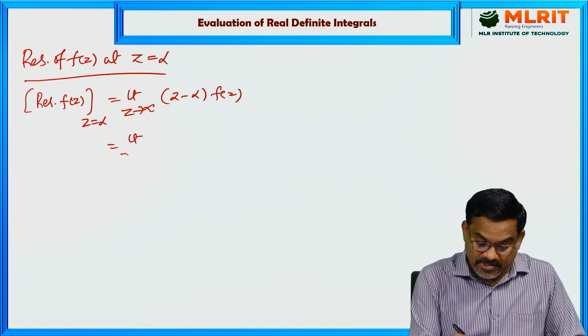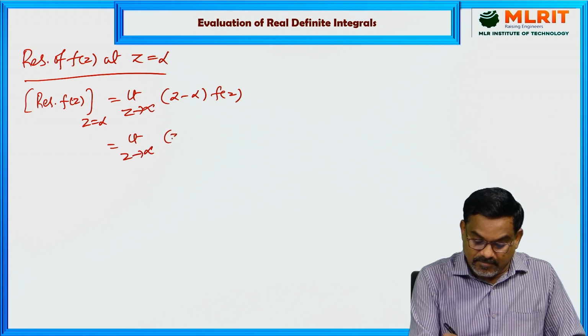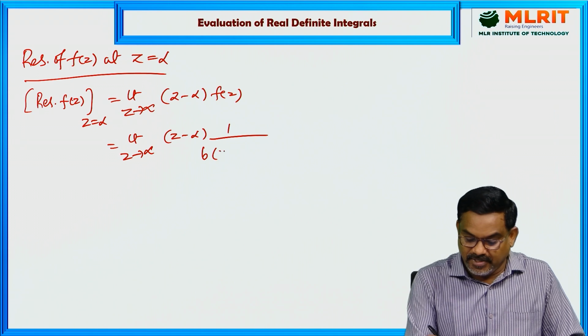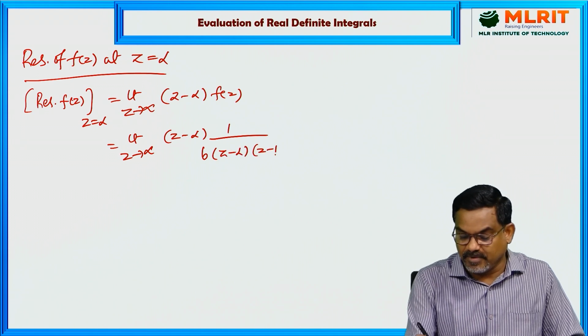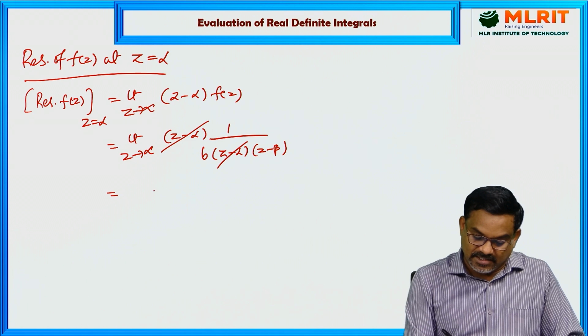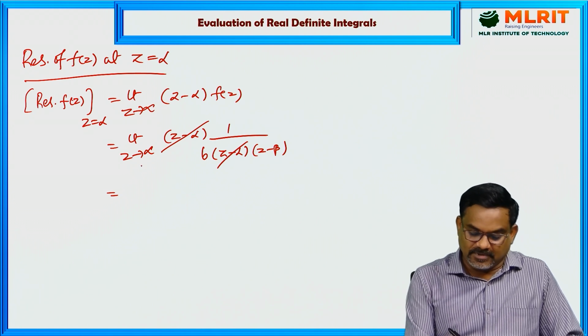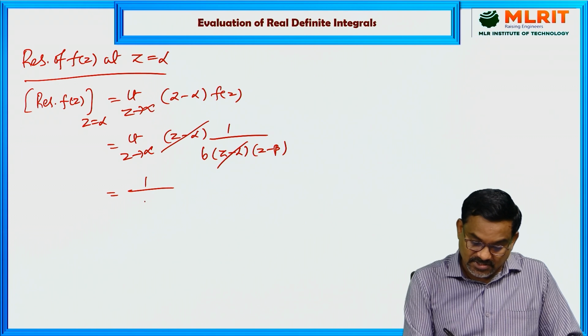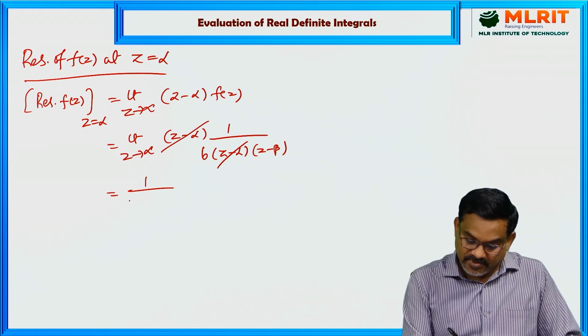So limit z tends to alpha, z minus alpha into 1 by, f of z can be written as b into (z minus alpha) into (z minus beta). So here these two get cancelled, and by taking the limit as z tends to alpha, this is 1 by b into (alpha minus beta).